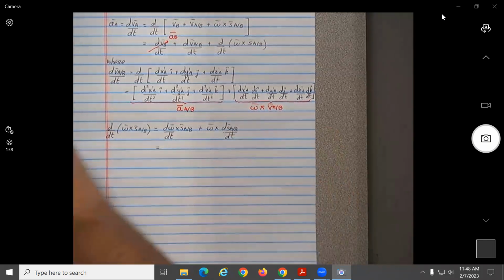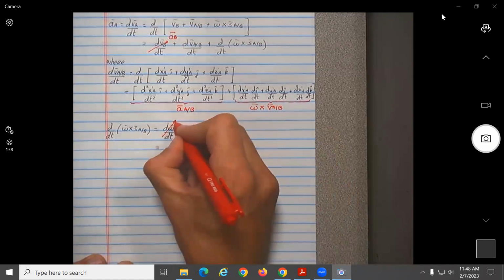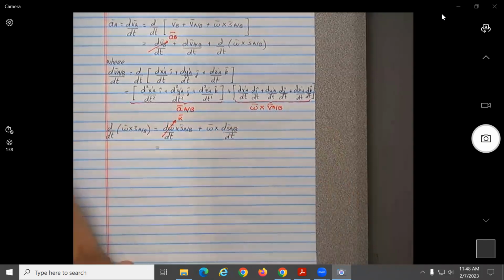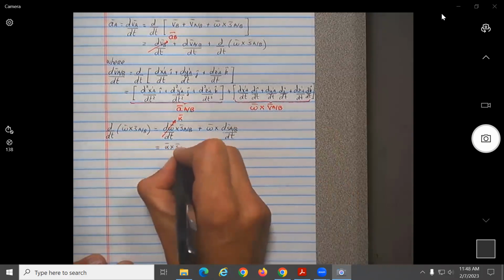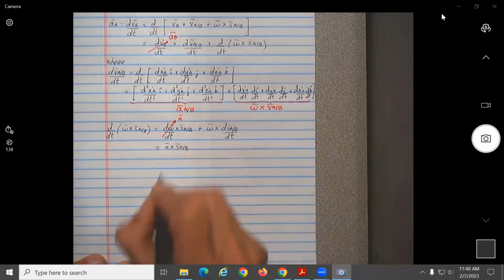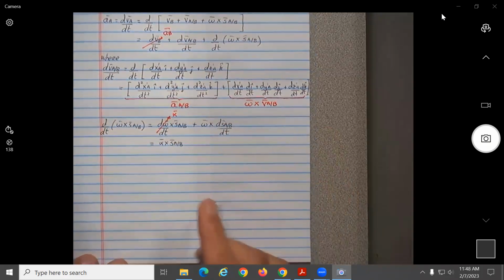What is d omega/dt? Angular acceleration, so it will be alpha. So it will be the term we are familiar with, alpha cross S of A with respect to B.